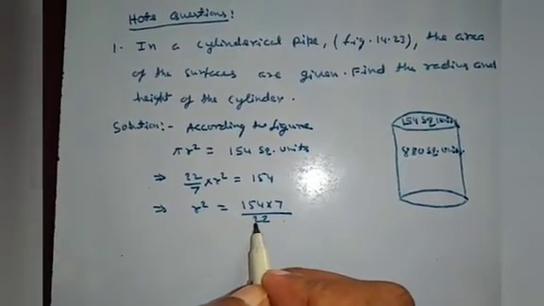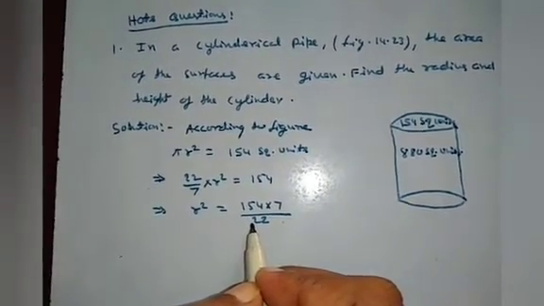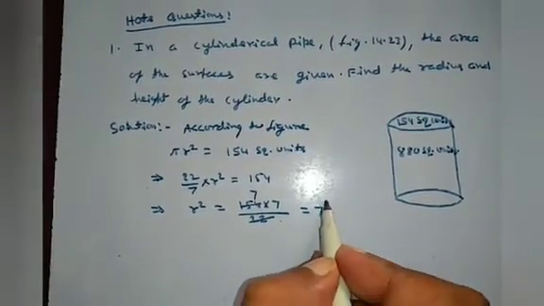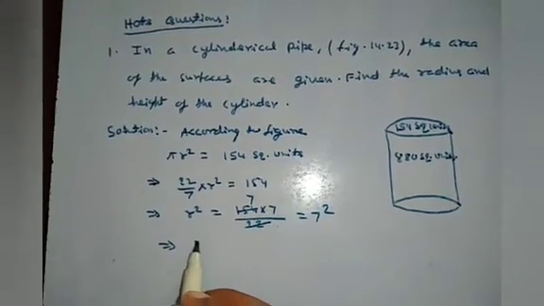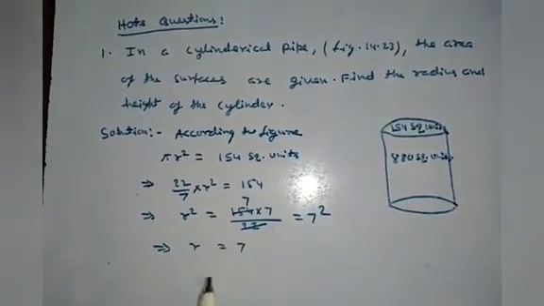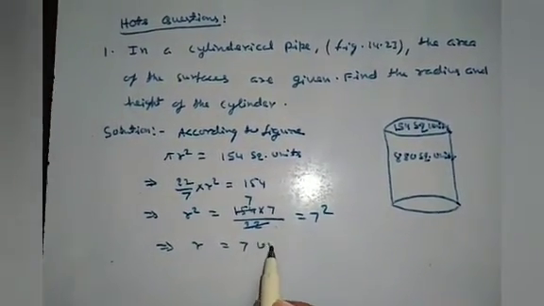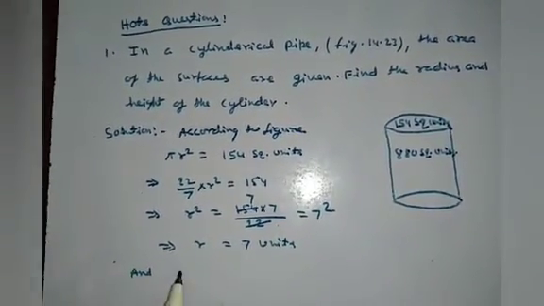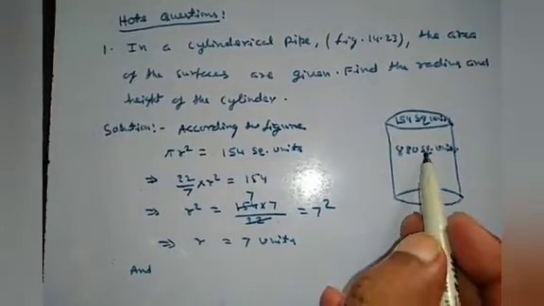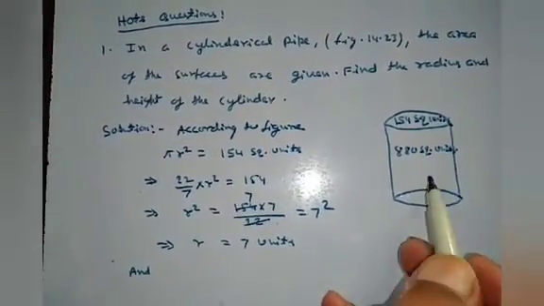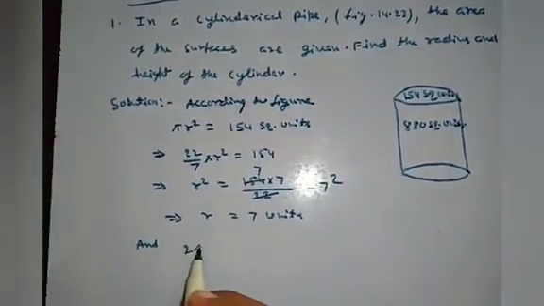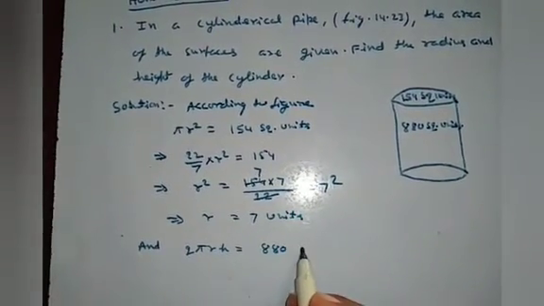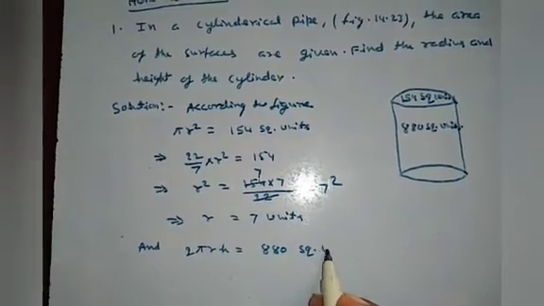154 is divisible by 22 by 7 times, equal to 7 square. So r equal to 7 units, and this is the curved surface area of the cylinder. So 2 pi r h equal to 880 square units.